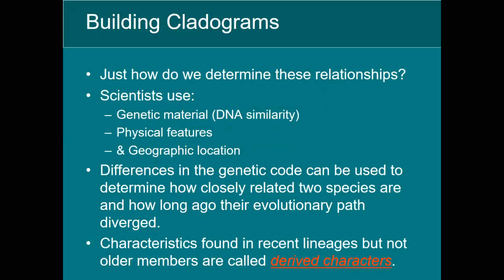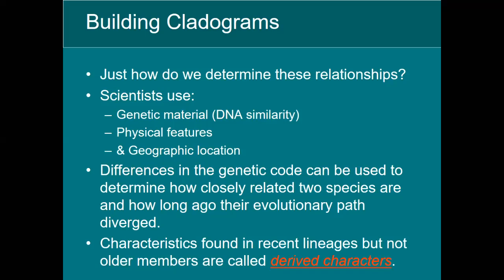The differences in the genetic code can be used to determine just how closely related two species are and how long ago their evolutionary paths diverged. This is that idea of derived characteristics that Darwin talks about in his Descent with Modification, the idea that there is a common ancestor for all species. We just need to know how far back that goes before these two species diverged.